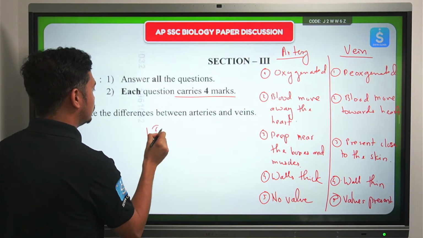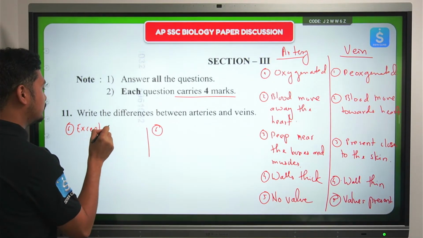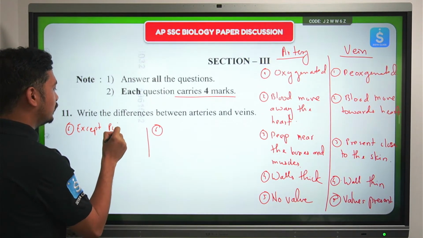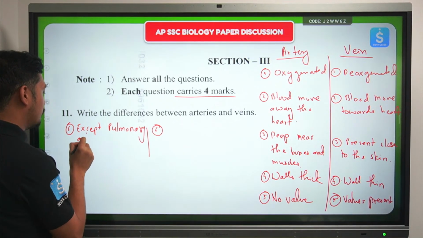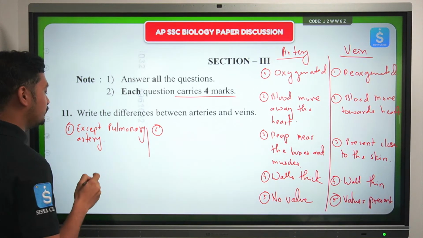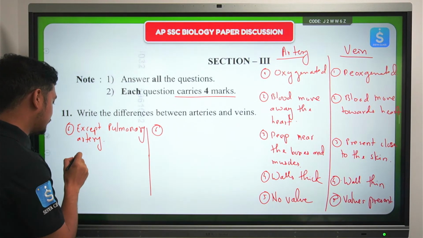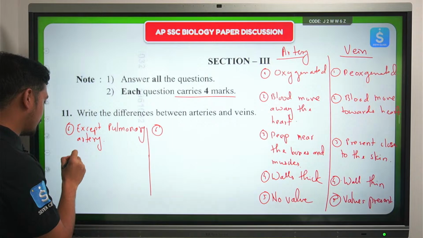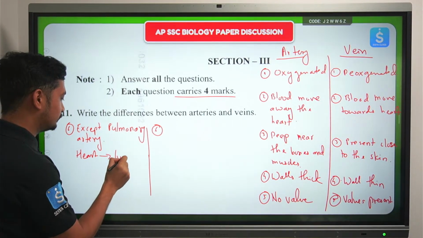So exception is pulmonary artery, and pulmonary artery actually carries deoxygenated blood, and that flow is from heart to lungs.